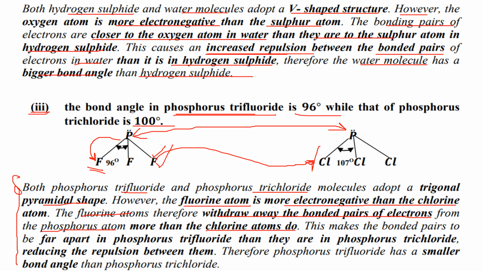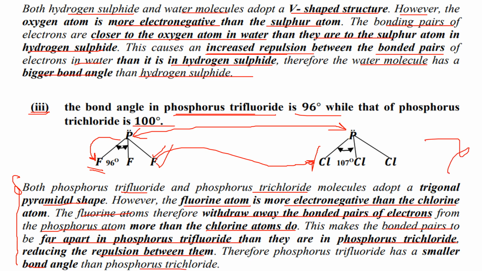Therefore, the bonded pairs tend to be far apart in phosphorus trifluoride than they are in phosphorus trichloride, reducing the repulsion between them. And therefore, phosphorus trifluoride has a smaller bond angle as compared to that in phosphorus trichloride.